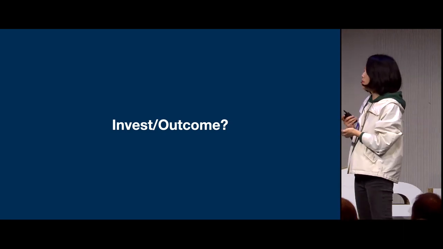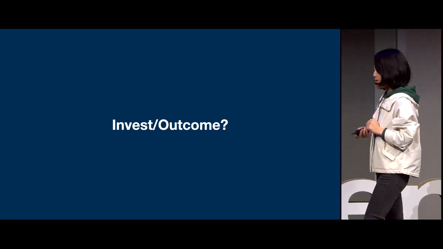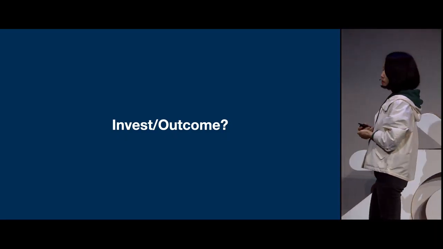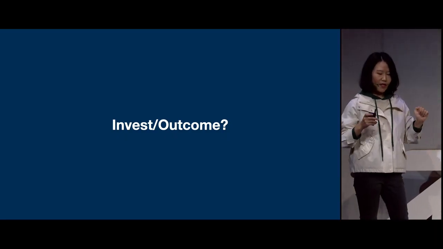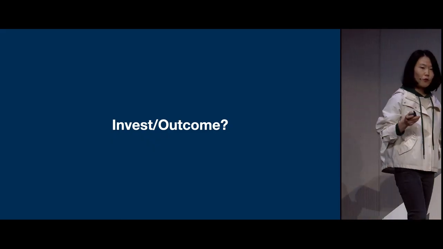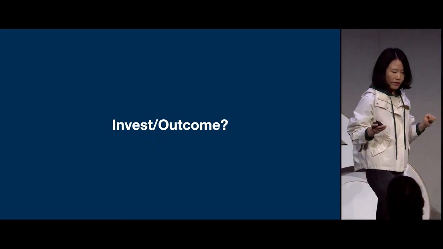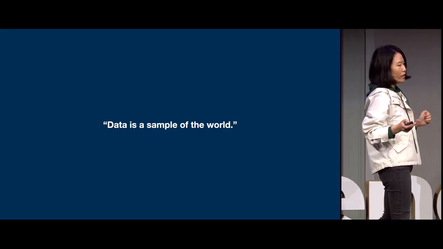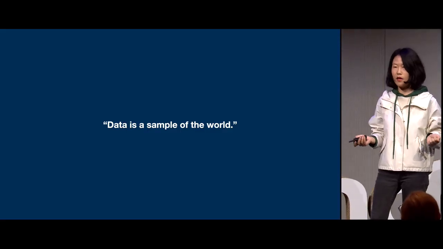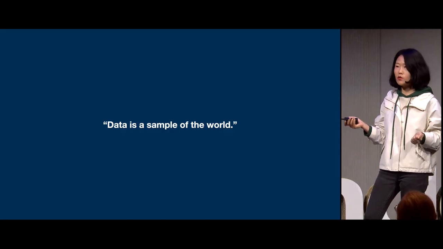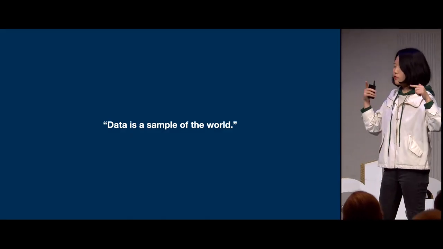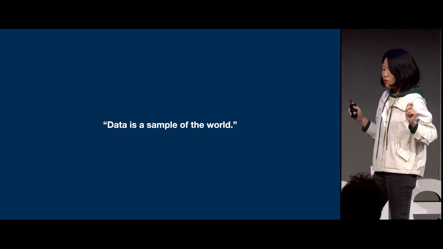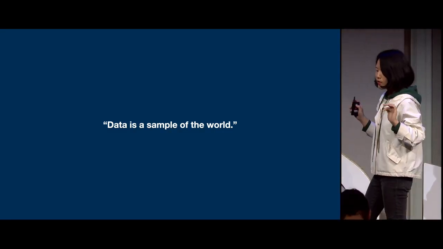But here is a problem, a big problem about synthetic data generation: the relationship between investment and outcome is very unclear, because data is actually the kind of world we want our AI to learn. As we are training for real scenarios, it's intuitive to think that we want the data to be as real as real data.